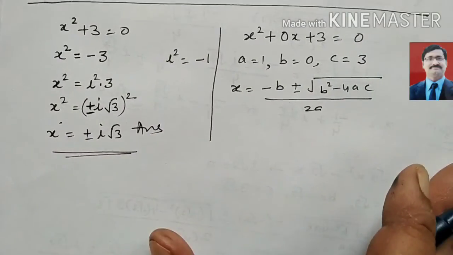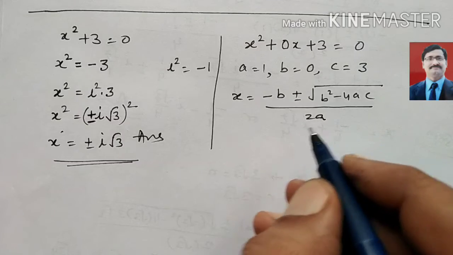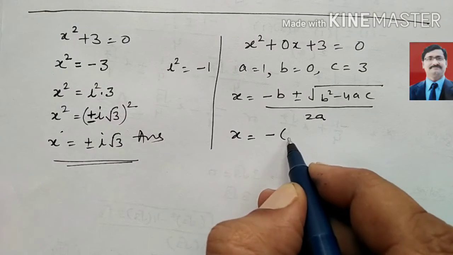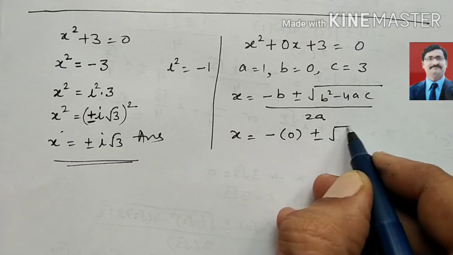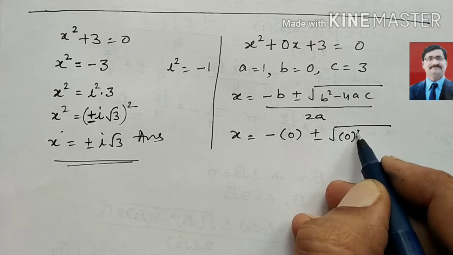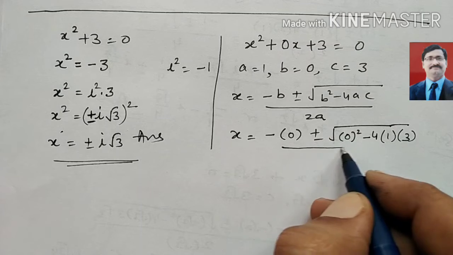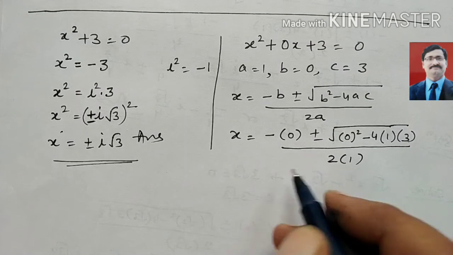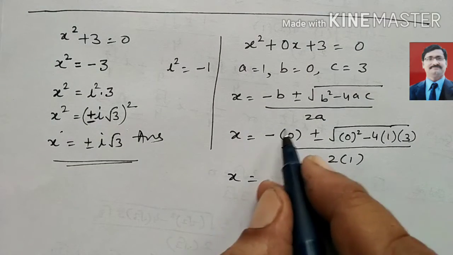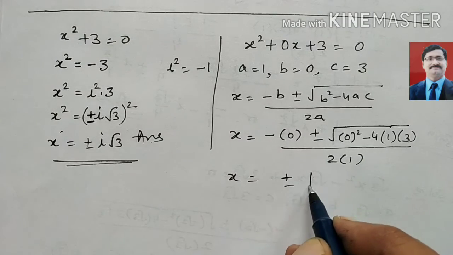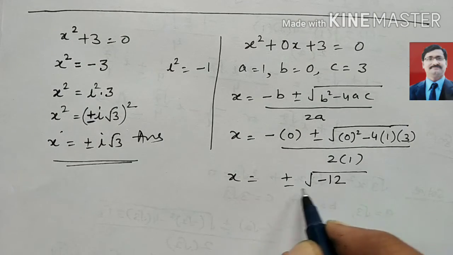Here you put the values: minus b means 0 plus minus root b square means again 0 square minus 4a is 1 and c is 3, upon 2a, a is 1 here. So x is equal to 0 plus minus root minus 12 upon 2.